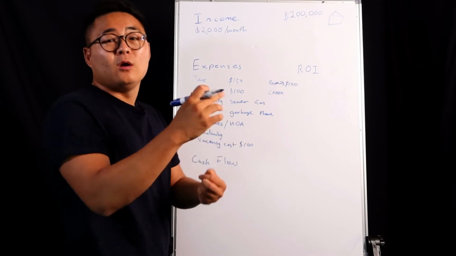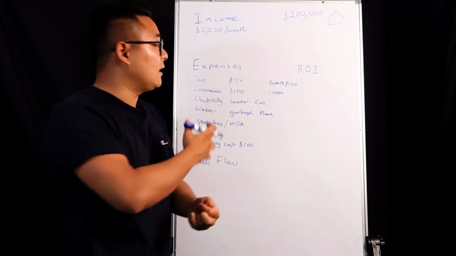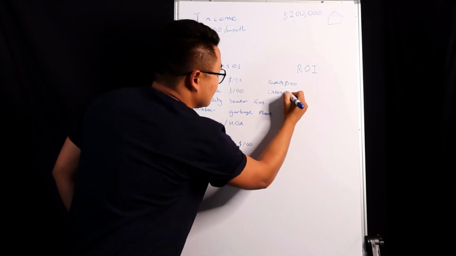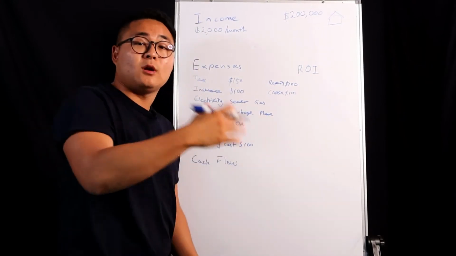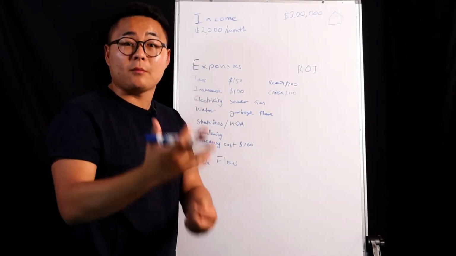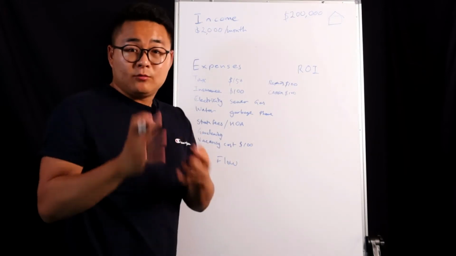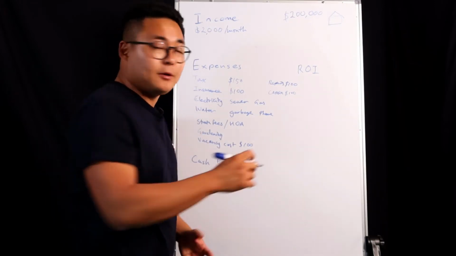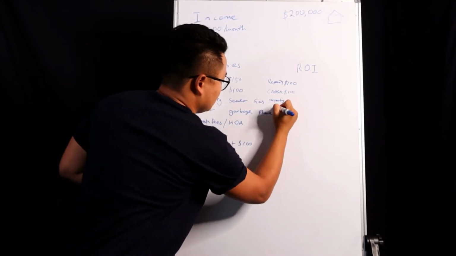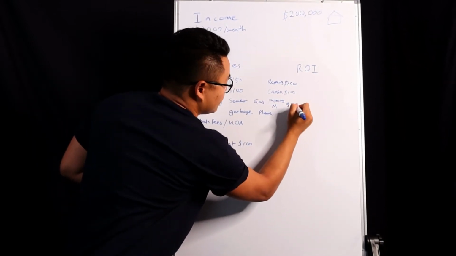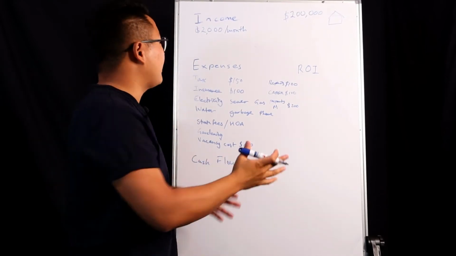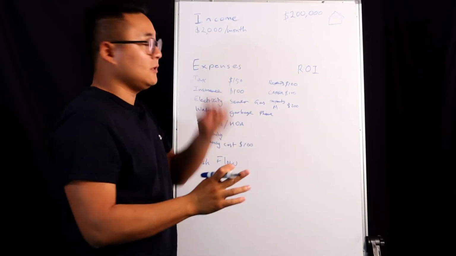I'm going to allocate another $100 a month for that, as it will accumulate over the years and budget the money you can put into the capital expenditure of a particular property. Another really important expense is property management, which is around $200 a month, about 10% of the rent that you collect.